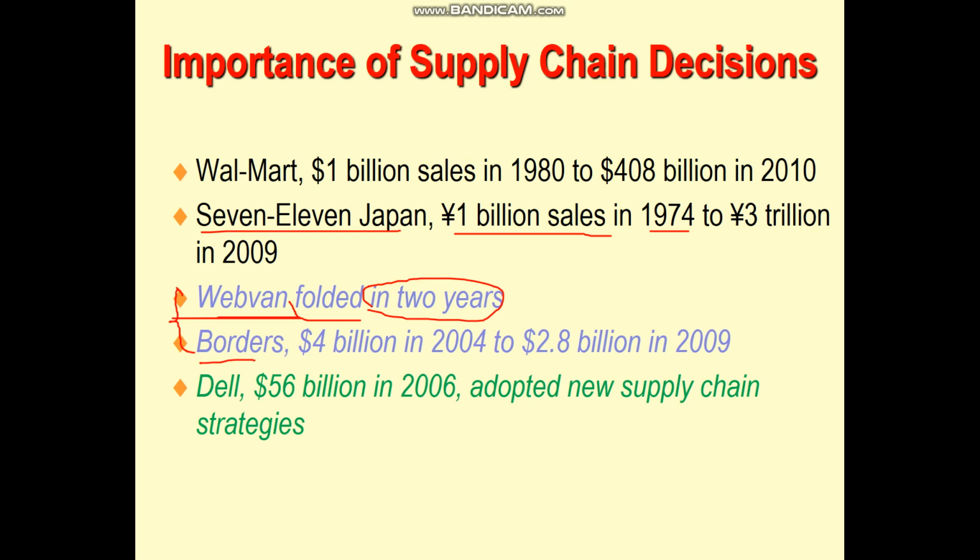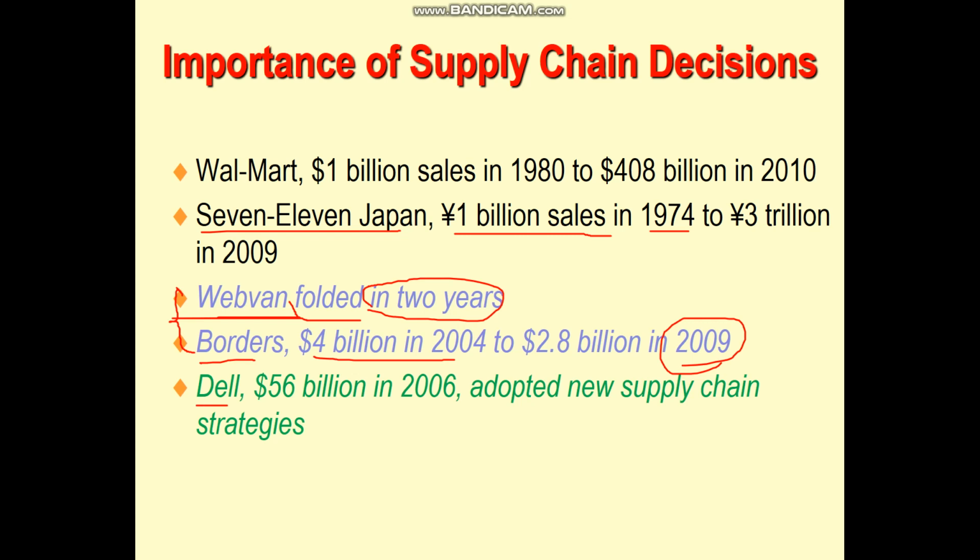Another example is Borders. Borders didn't adapt the supply chain to a changing environment. So that's why their sales reduced from $4 billion in 2004 to $2.8 billion in 2009. Okay. Another example is Dell.